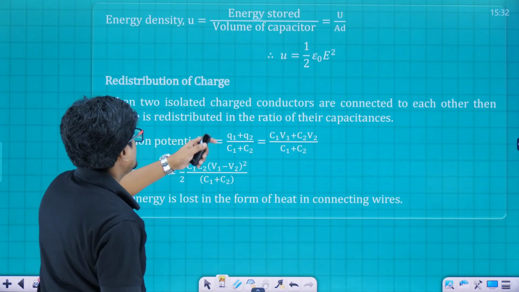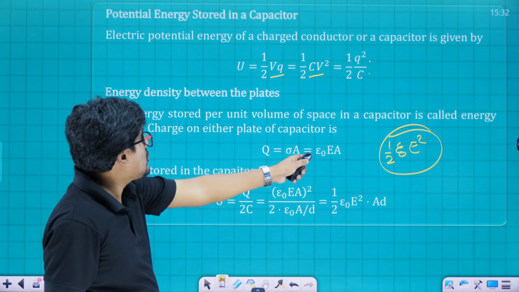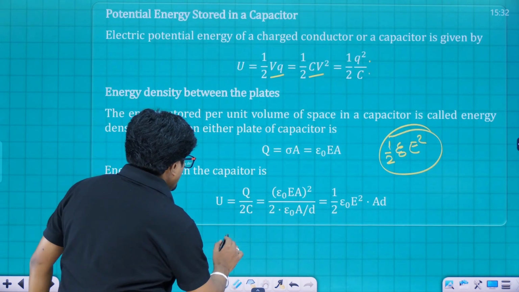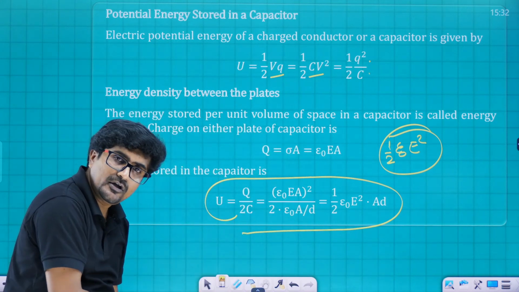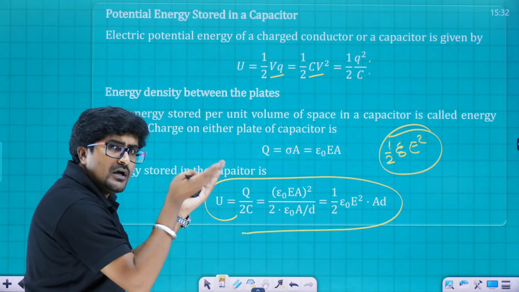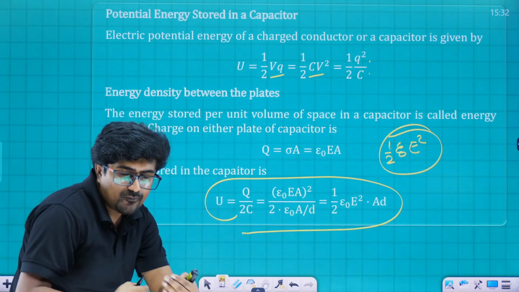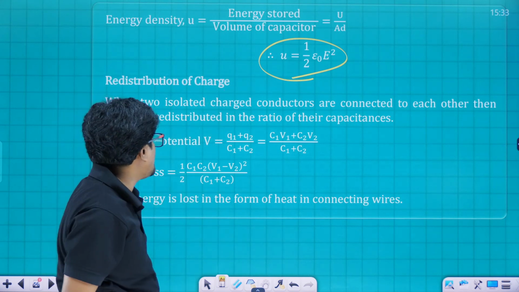Here this particular information gives how the energy density is calculated. It is nothing but total energy divided by total volume. You can calculate the total energy stored in the capacitor divided by the volume of the space between the capacitor plates, and you will get exactly the same expression over here.